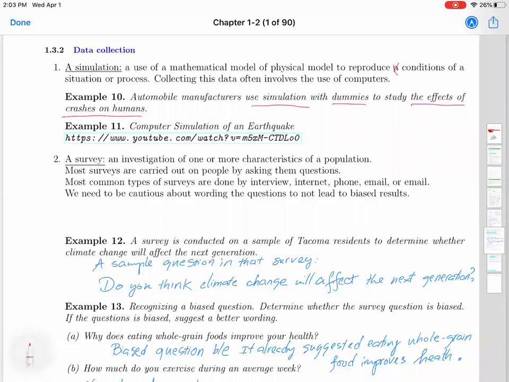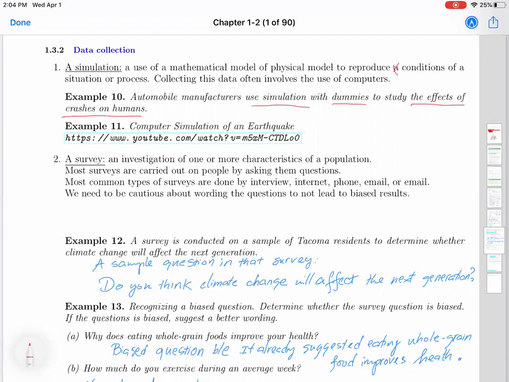You need to use computers to simulate different scenarios with different conditions in order to produce possible responses. And you collect the data from those simulations for this particular study, the study that you cannot experiment on humans.